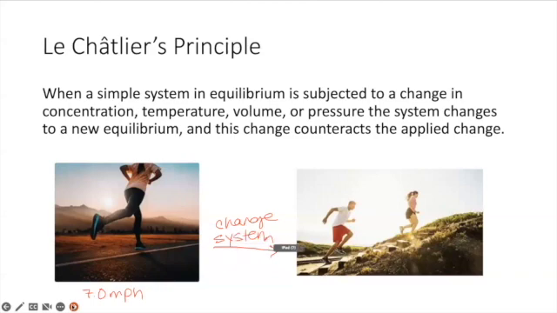To maintain that 7 miles per hour, we have to put in some more energy. We have to change up what we're doing in order to maintain that 7 miles per hour. That's Le Chatelier's principle: we're trying to maintain this equilibrium, but sometimes that's not a perfect world. Sometimes certain things come along and push us away, and the system will react in a certain way to maintain it.